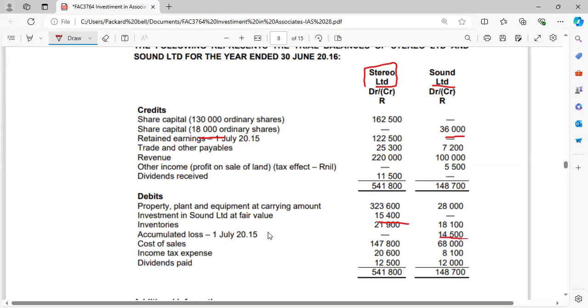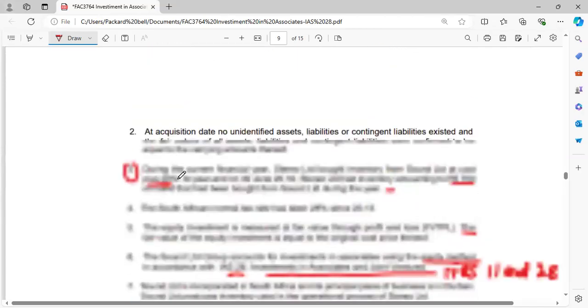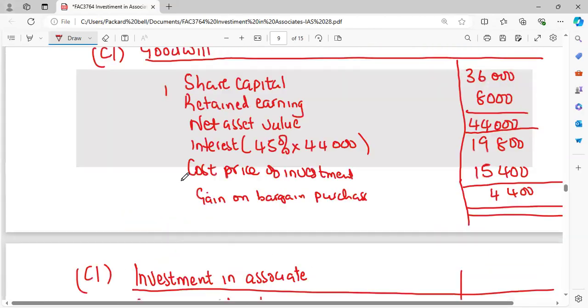Do you see here we have a loss there of 14,400. That's what happened since acquisition to the beginning of the current year. And the retained earning at acquisition was 8,000. So we need to account for that loss.